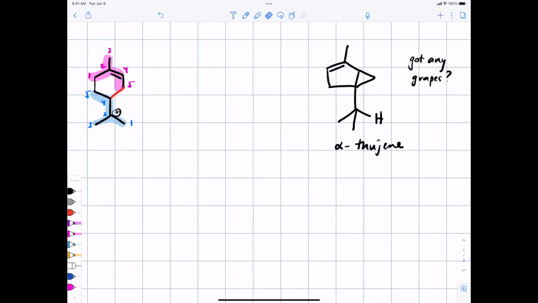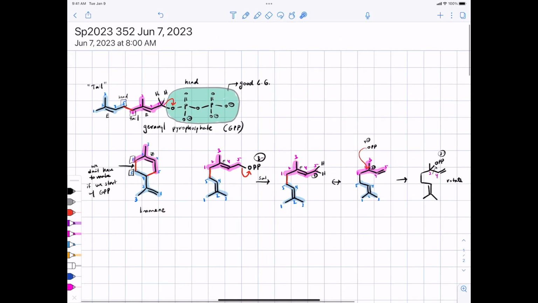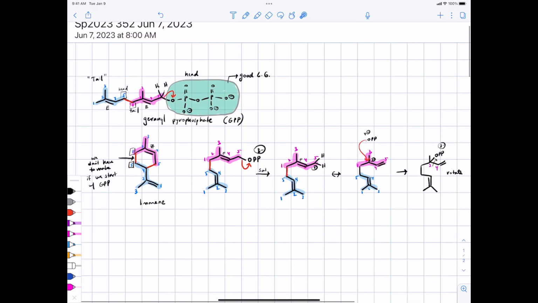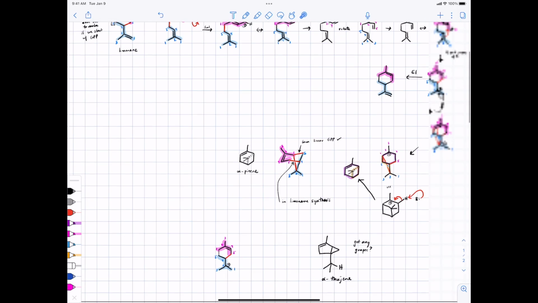One clue that I should have mentioned is notice that in the linear precursor, the tail has 2 methyl groups on it. You can always identify the carbon that used to be the tail of the linear precursor by looking for the carbon that's got 2 methyl groups on it. That gives you your starting point. All of these products have it.